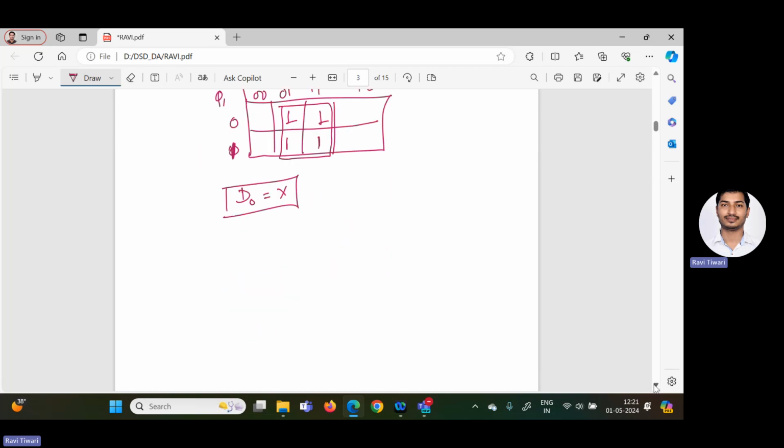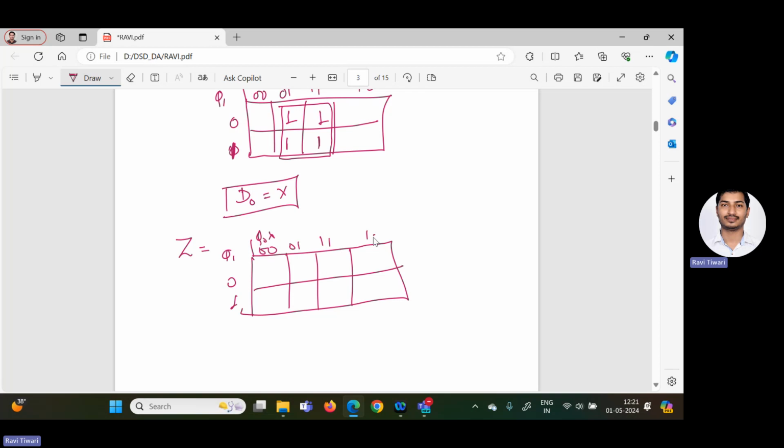Yes, one more important point, it's the requirement of the Z expression. Z is your output, and for that also we have to draw the 3 variable K map like this. This is Q1 and this is Q naught X, 00, 01, 11, 10. Now, what is the expression for Z?